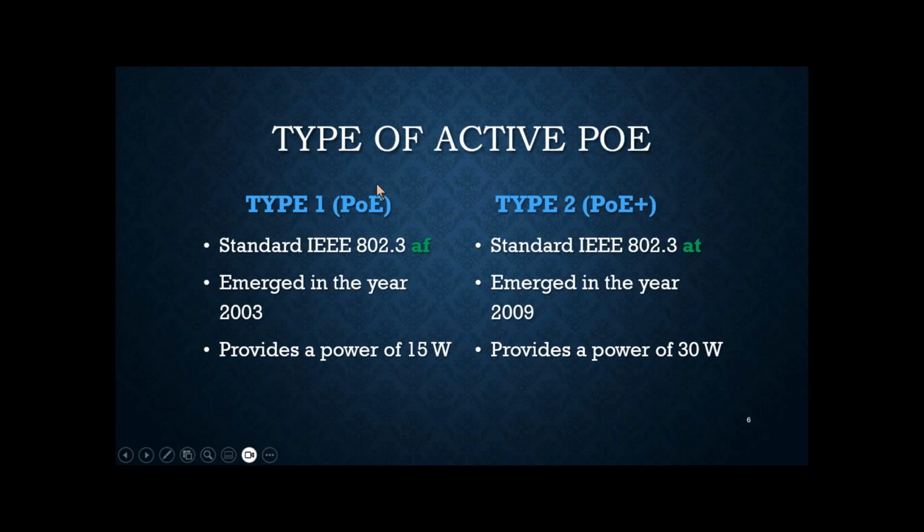So we have type 1, the standard IEEE 802.3af. This emerged in the year 2003 and provides a power of 15 watts. The type 2, or PoE+, is the standard IEEE 802.3at and emerged in the year 2009 and provides a power of 30 watts.